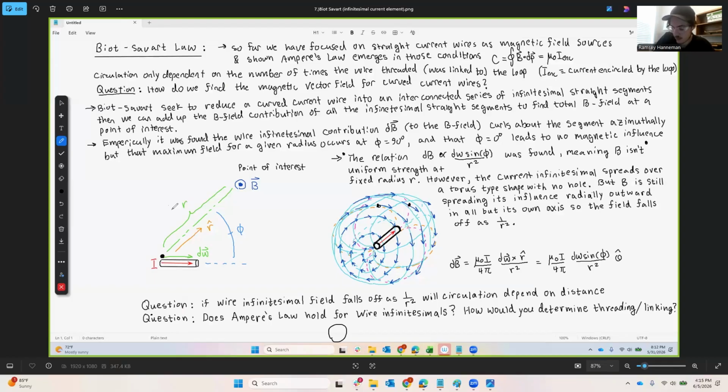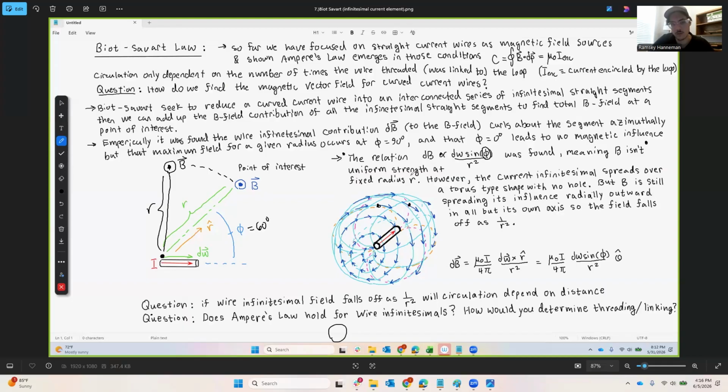So in other words, here's radius r, and here's say a B field caused by this small little bit of wire. And if I keep the same radius, but slightly rotate my angle towards being more parallel with the wire, even though the radii are the same, the field is actually weaker because your phi has decreased from 90 to, I don't know, maybe 60.